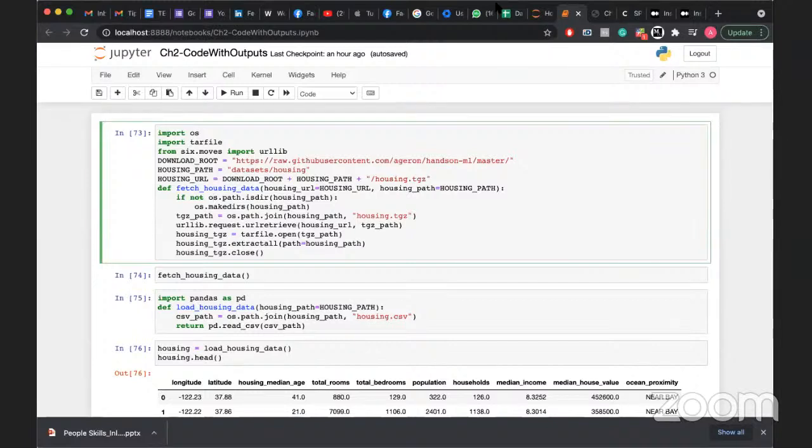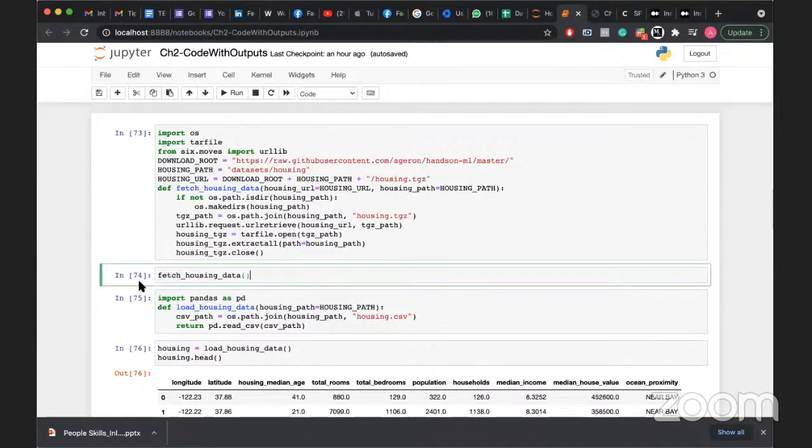Okay, so let's move on to the next step then. fetch_housing_data. Make a call to this function. So what happens?